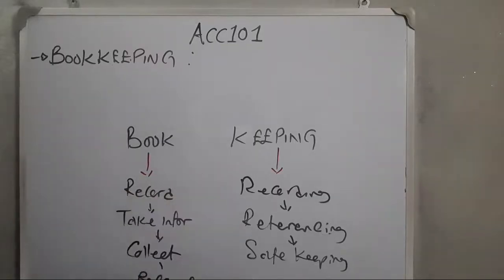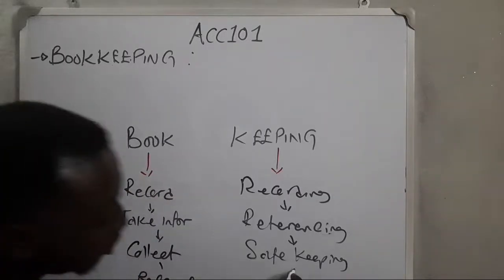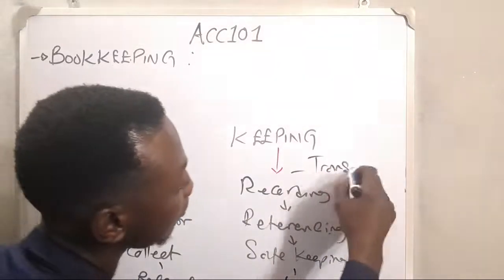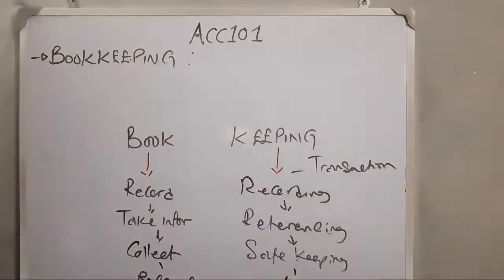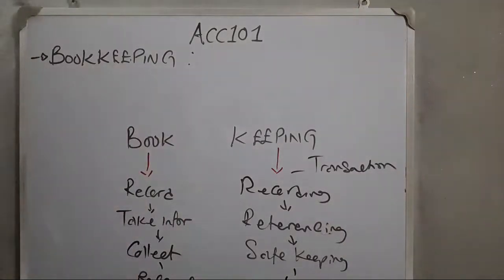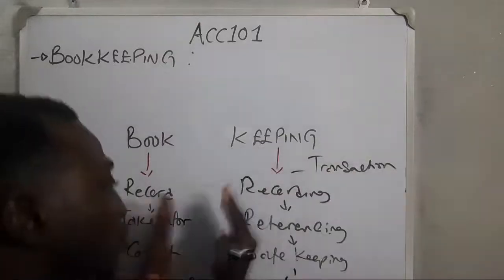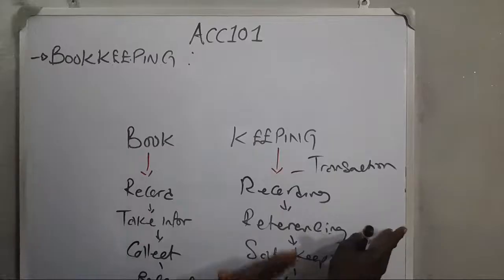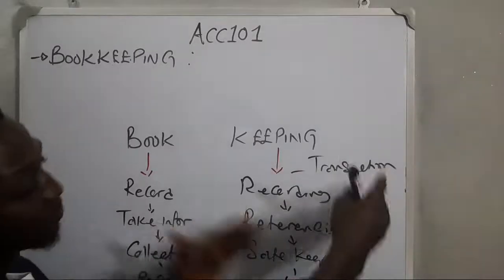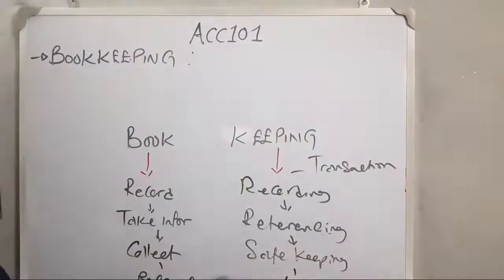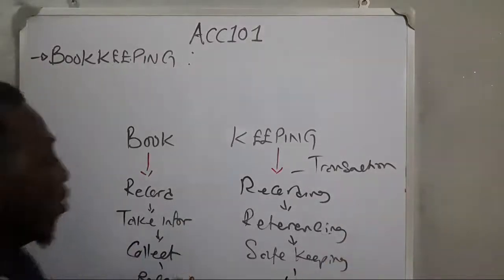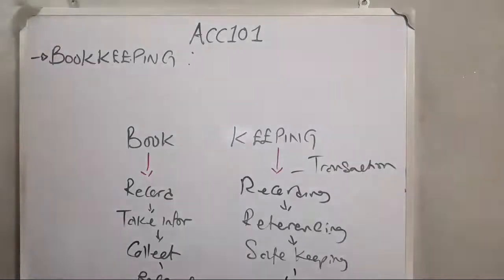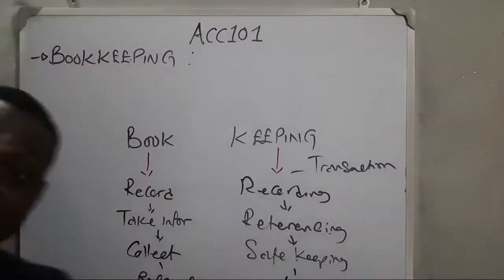Records, information, transactions, and so on. Here is where you put down the record, the transaction, the resources you might have extracted somewhere, and you keep it here for safekeeping. Now, that's just by the way.